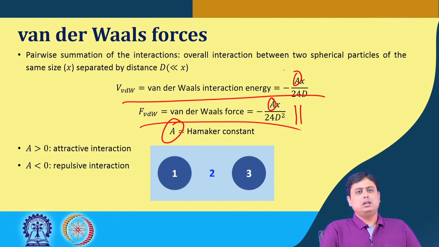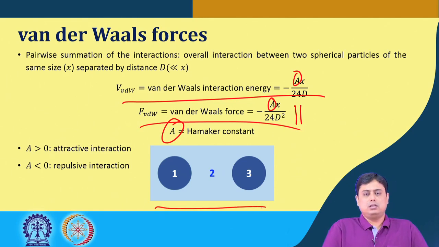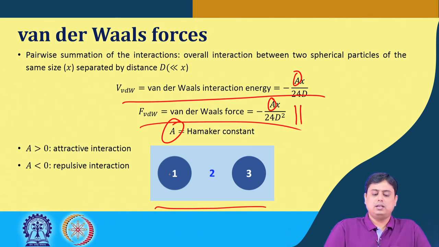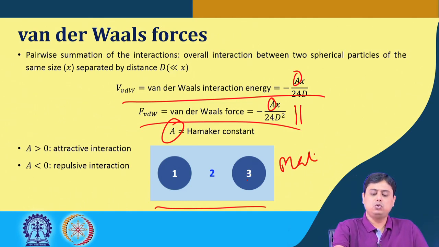So this Hamaker constant is calculated for a system of two materials separated by an intervening medium. In this case, material 3 can be equal to 1, that means there can be two of material 1 separated by material 2.